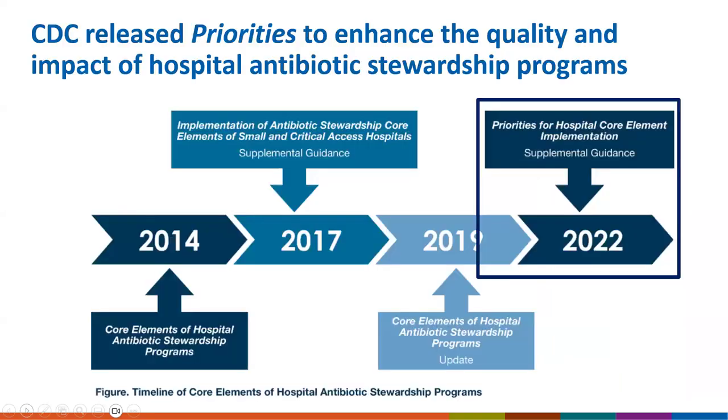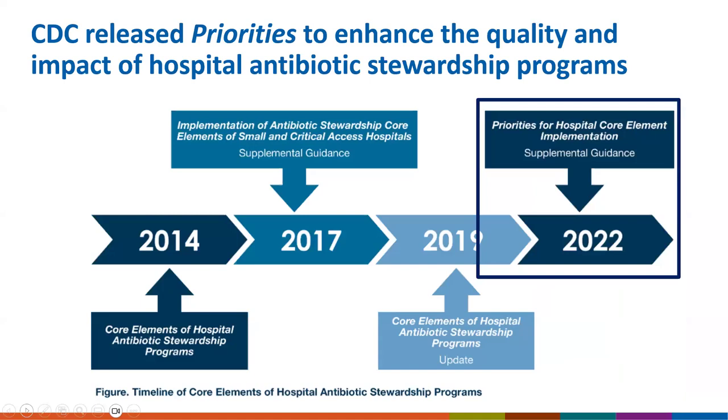With such a high uptake of the core elements in hospitals, we released priorities for hospital core element implementation in the fall of 2022. The priorities are supplemental guidance meant to help hospitals that have already achieved all 7 core elements to further enhance the quality and the impact of the stewardship programs.